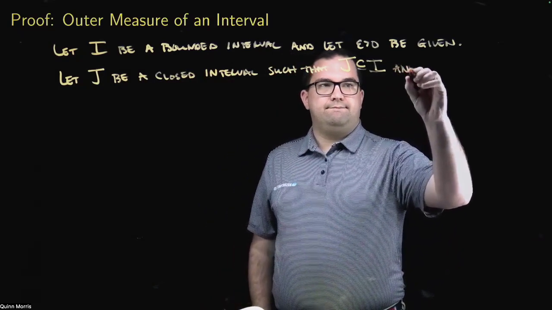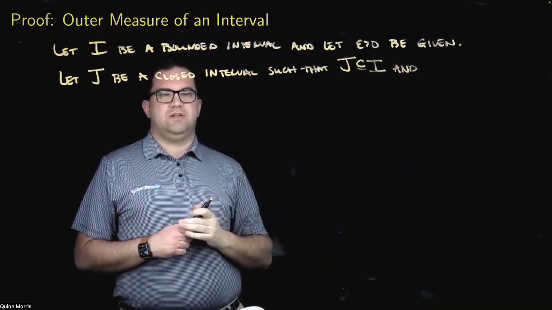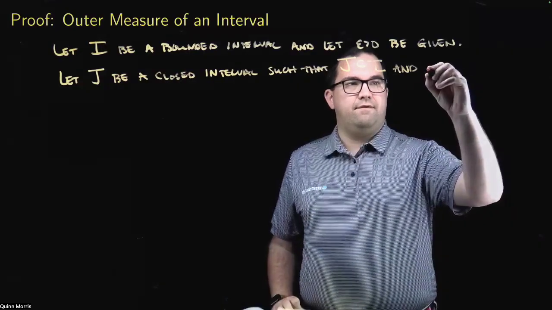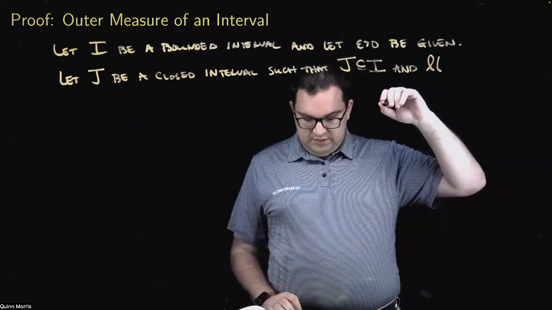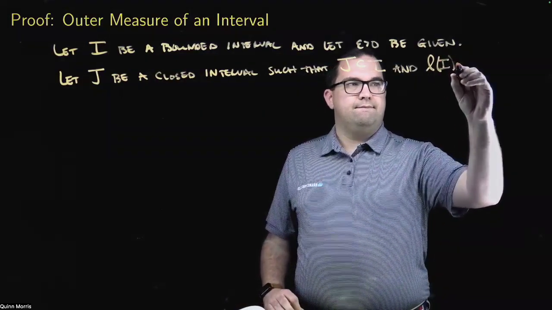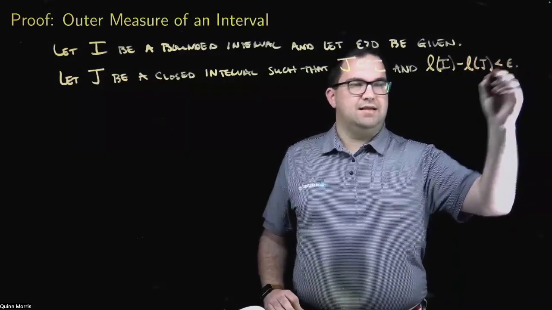And I basically want J to be a good approximation of I. So I want to choose this in such a way that the length of I minus the length of J is less than epsilon.